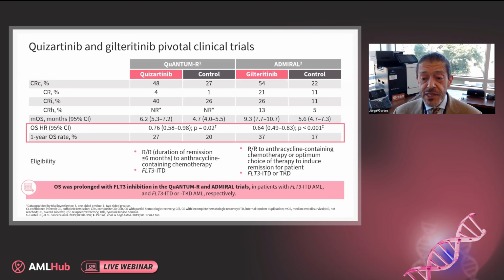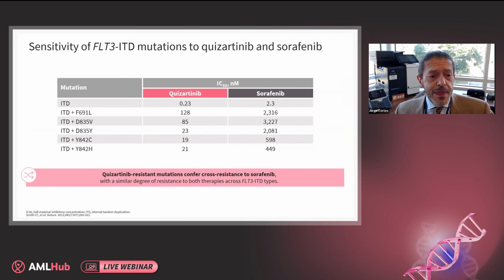It could have been a low-intensity chemotherapy, and also it didn't matter how long the remission duration was for the relapsed patients. And as I mentioned, it included the ITD or the TKD. Those are important distinctions to understand. We don't know how they may have affected the results or not, but it is important to keep those differences in mind.